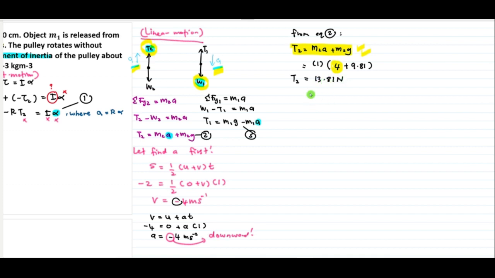Alright. And then T1, okay, so T1 is from equation 3. So T1 is equal to M1 times (G minus A). So M1 is equal to 3 kg. So kira lah, sama juga A dekat sini, jangan masuk negative 4. So dia adalah 4 sahaja. Kenapa tak masuk negative 4 kan? Sebab dia downward. Ya betul, dia downward. Tapi ingat, kita dah consider direction tadi masa kita tulis equation dekat sini.